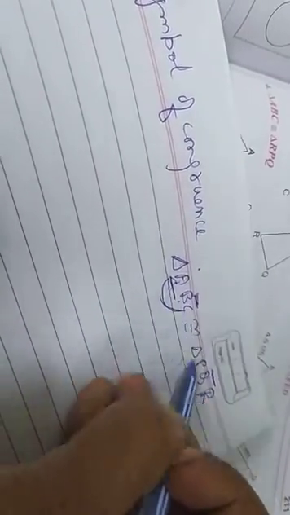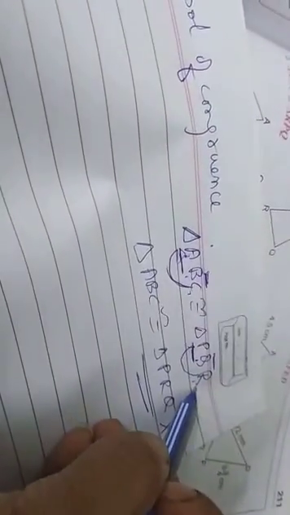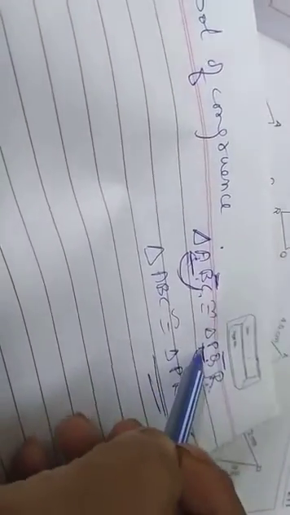Same, angle A is equal to angle P, angle B is equal to angle Q, and angle C is equal to angle R. If I write ABC is congruent to PRQ, that will not be congruent. So in a congruence condition, write the name of the triangle in a proper way. Whatever is given equal, write in this way.